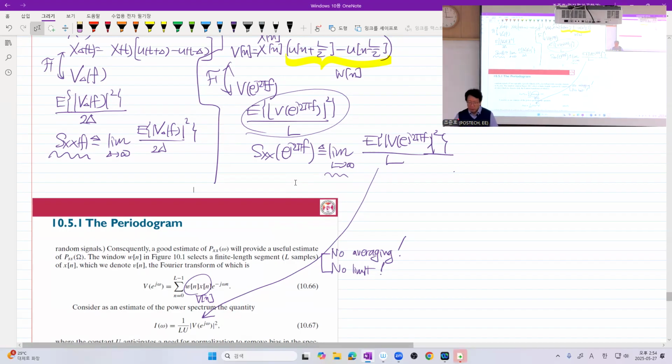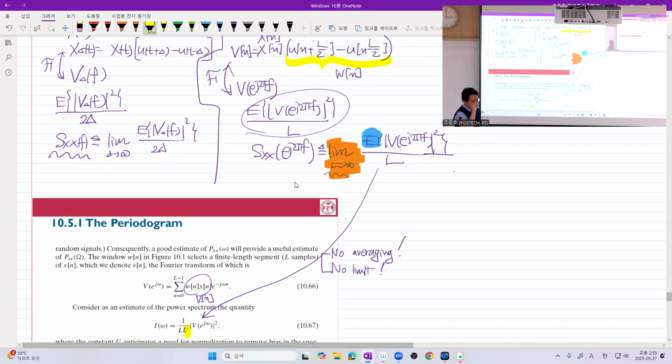So what kind of approximation is done? This is not performed. That is not performed, but just the energy spectrum of the time window of the signal is divided by the length of the window. And you may say that, hey, then what is this U? And we have a long story.